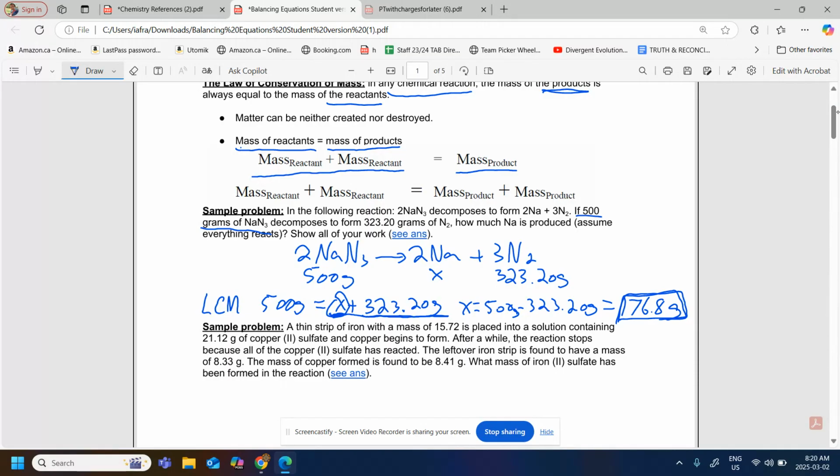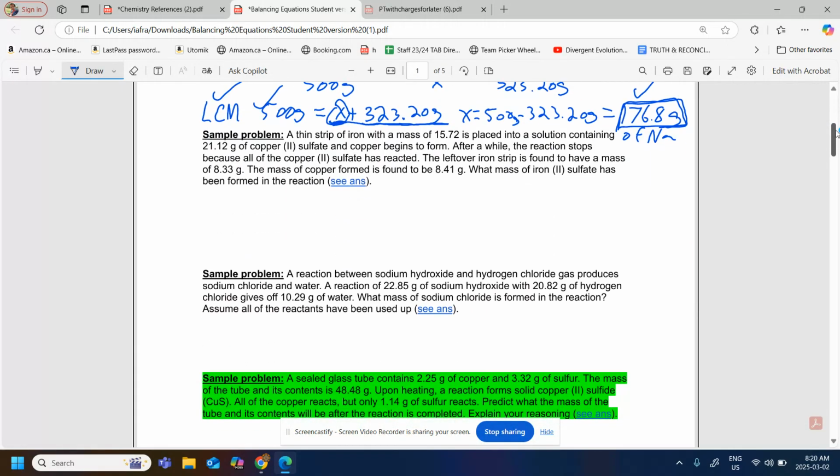So I would expect you to do some planning, show me your work, explain that this is because of the law of conservation of mass, and show me your final answer: 176.8 grams of Na would have been produced. You can try the next problem here, pause the video, try it yourself, and then we'll take it up.